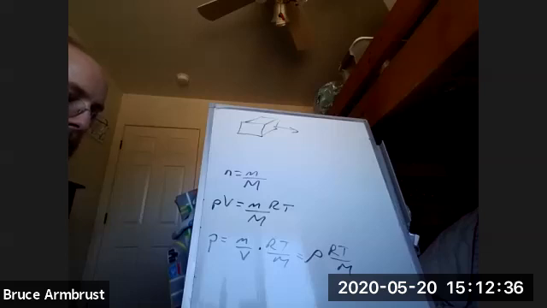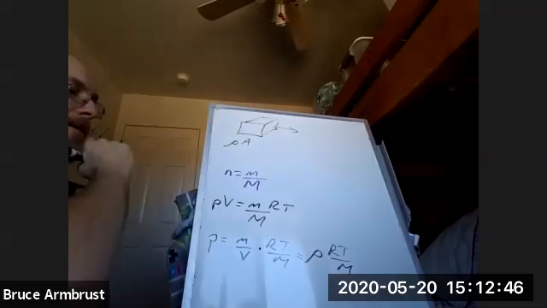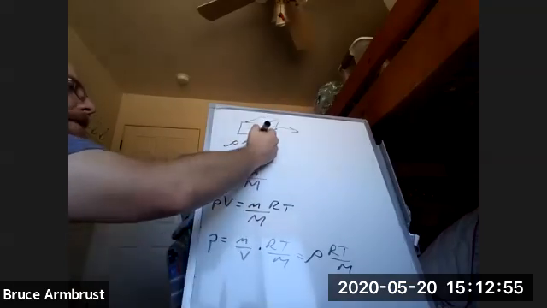And like I was showing you last time in our little derivation, if you were to take the density times the area, that's going to give you a mass times velocity.